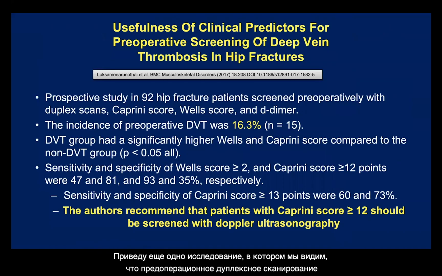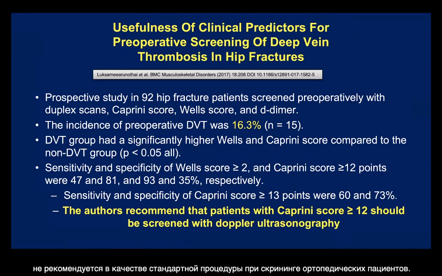So here's another study. We always talk about the fact that preoperative duplex scans are not recommended in orthopedic patients as screening as a routine. But take a look at this. These are hip fracture patients. And this is a beautiful study that shows that the incidence of preoperative DVT was 16.3% when they scanned everybody.